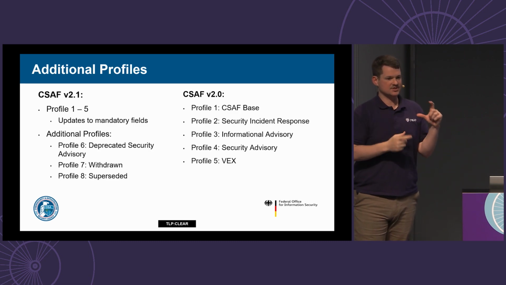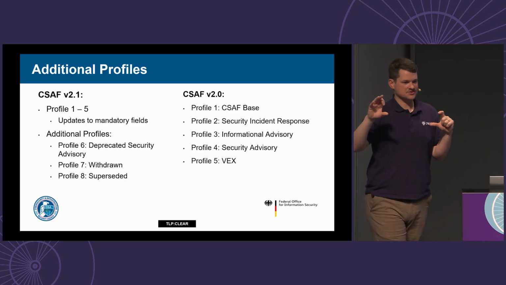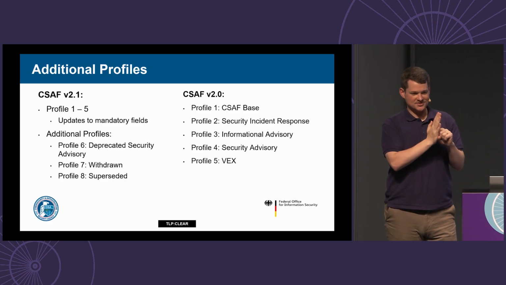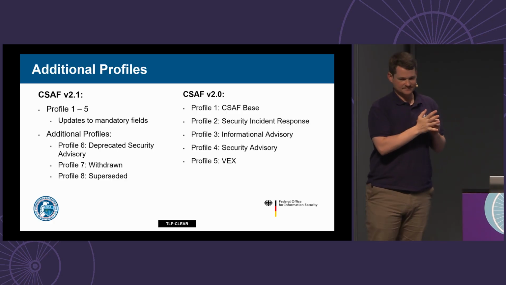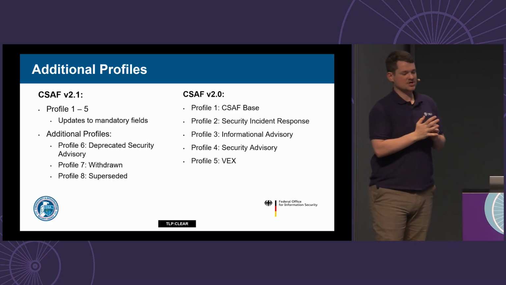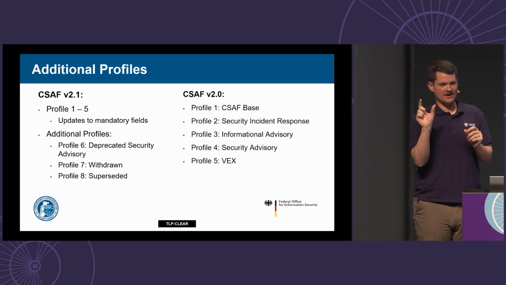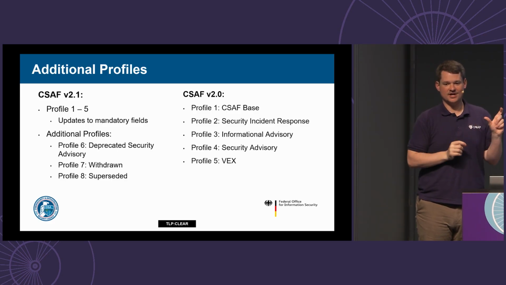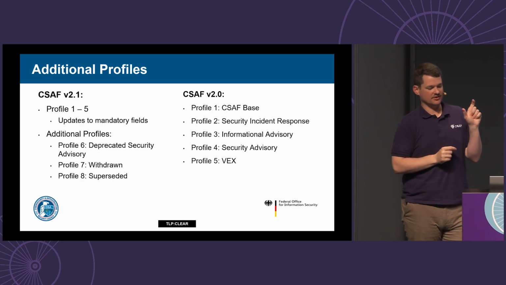So this is a situation essentially where you've changed all your advisories, updated all your advisories from version 2.0 to version 2.1. You're in a situation where all the version 2.0 advisories are going to be deprecated. And so you now have Profile 4 version 2.1 advisories. Your version 2.0 advisories will change from a Profile 4 to a Profile 6 deprecated security advisory.